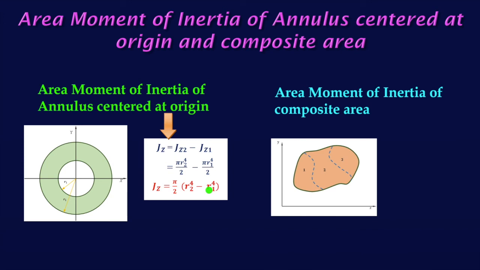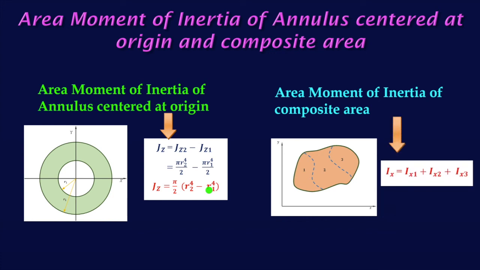And for the area moment of inertia of a composite area, you just have to add, as it is additive in nature. So if there are three different sections 1, 2 and 3, then Ix equals Ix1 plus Ix2 plus Ix3. Similarly, if there is any hollow part, then you have to subtract, to get the moment of inertia about a particular axis of the whole section. Here, the point should be noted clearly that Ix1, Ix2, Ix3 all should be measured from the same axis.